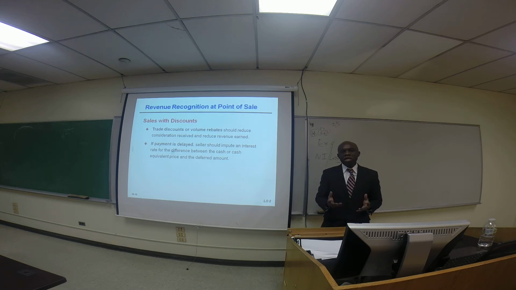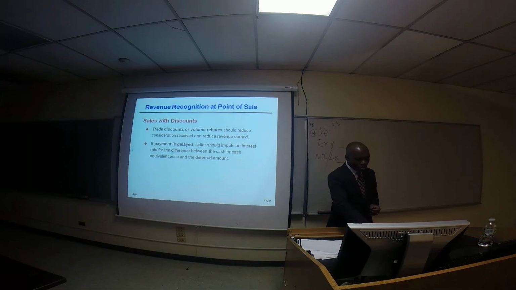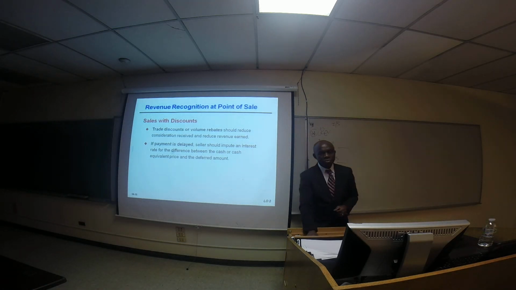You ask the customer to pay you in 2 years from now. Now, if the customer is paying you $10,000 2 years from now, in actuality, there is an interest component in that $10,000. So therefore, the $10,000 is not 100% revenue. Interest revenue is also part of the mix.